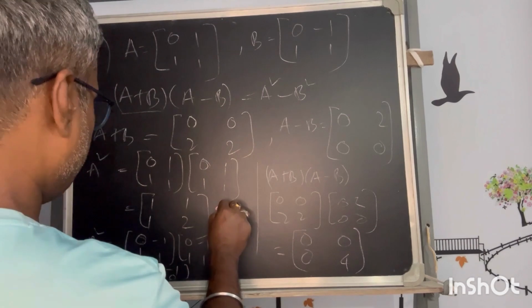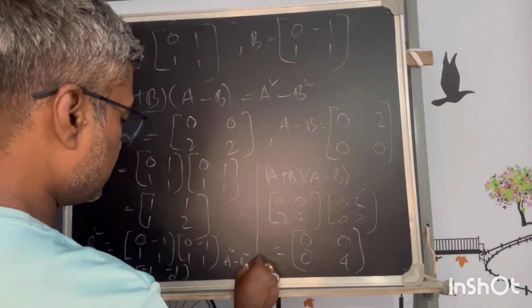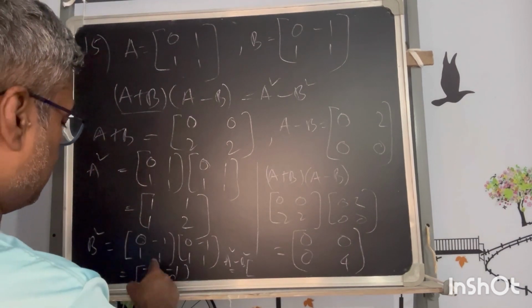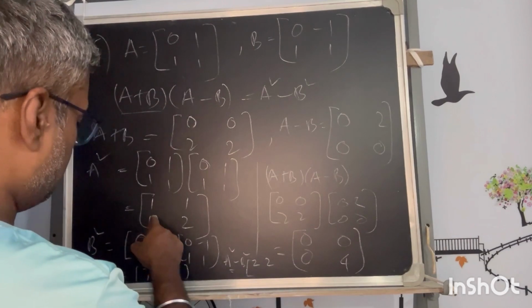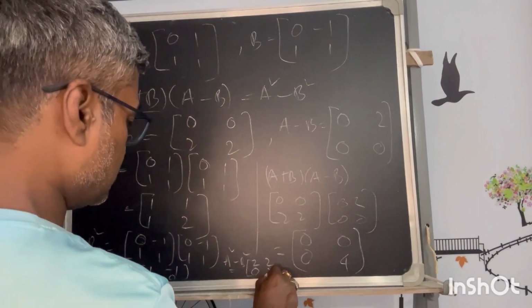Now if we deduct it, A square minus B square, this will become this minus this 2, this minus this 2, this minus this 0, this minus this 2.